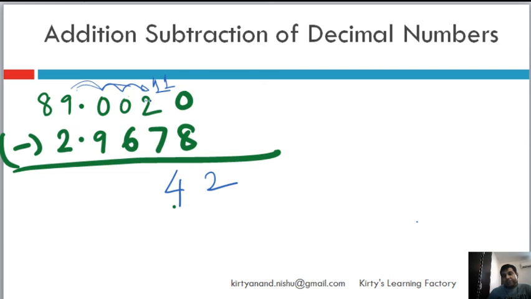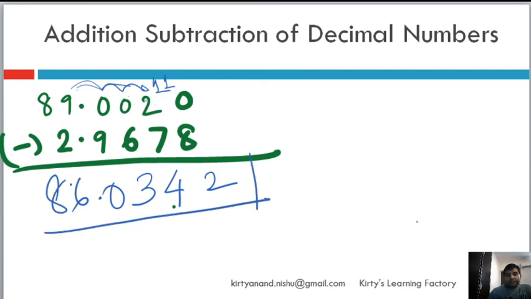And then I gave it to the 1, because this 2 had already given 1 here. So this was 10 and then it gave 1, so here it is 9, right? So 9 minus 6 is 3. Here same also, 9 minus 9 is 0. This is 8 minus 2 is 6. That's how we subtract.